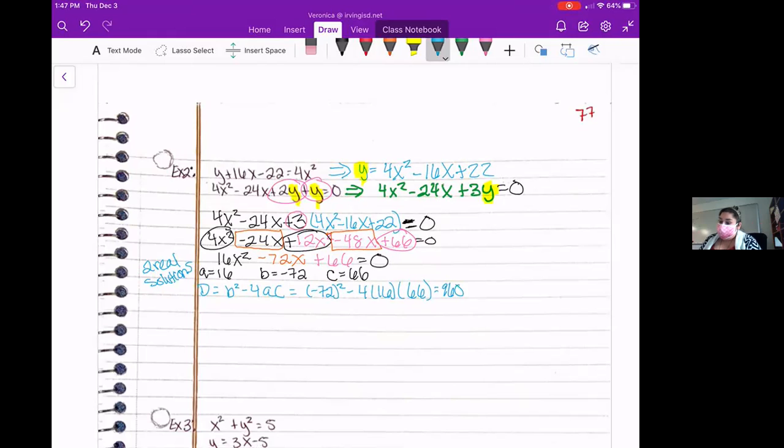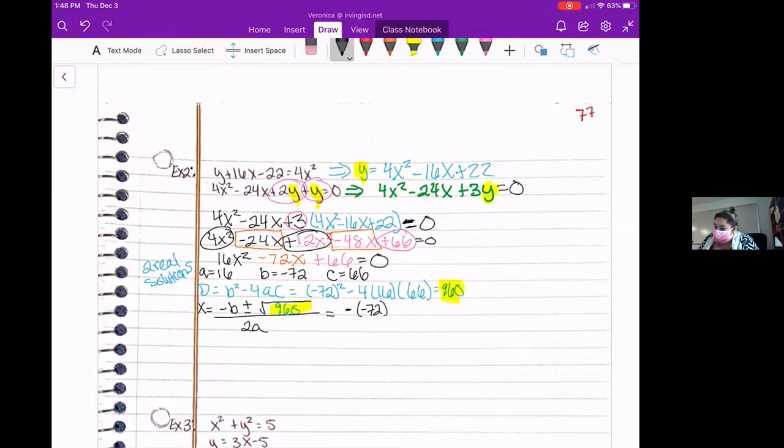So now we're going to use the quadratic formula. X equals negative b plus or minus the square root of b squared minus 4ac all over 2a. I already did the discriminant, so I'm just going to plug that in. Right, here's my discriminant. So now I'm going to have negative, what is my B?